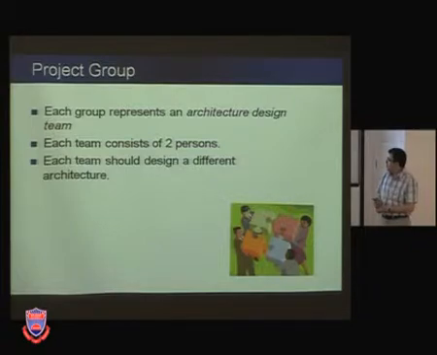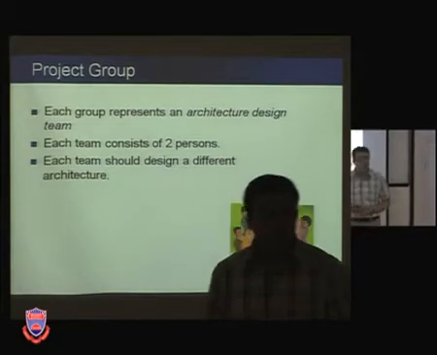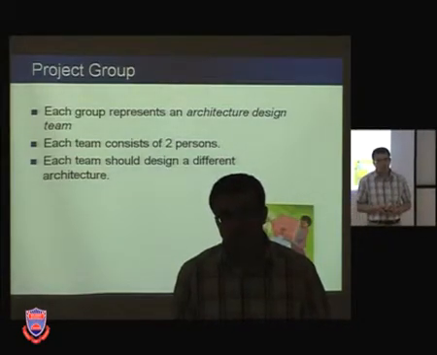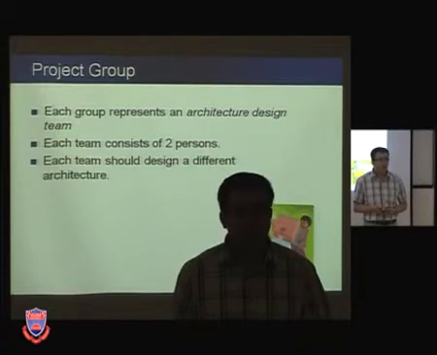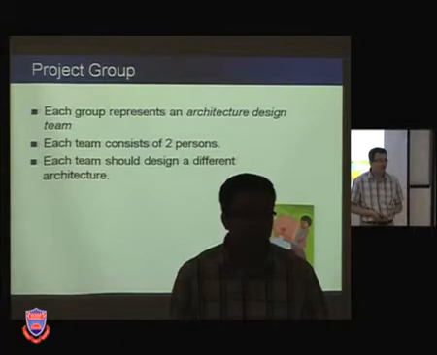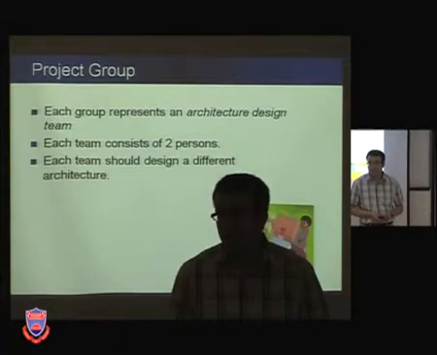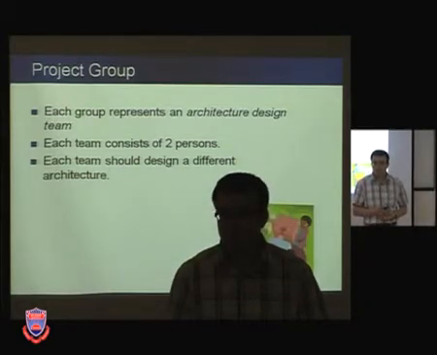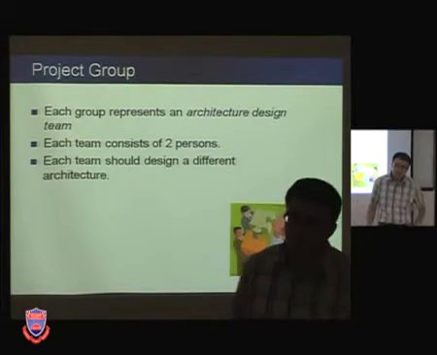Each team should design a different architecture, a different system, and you have to define your team yourself. Usually you need 3 to have a group, but we have groups of 2 now. If you cannot find a partner, just mail me. I will define the groups. Okay. Do this as soon as possible. And I'll make a list and then define the teams.